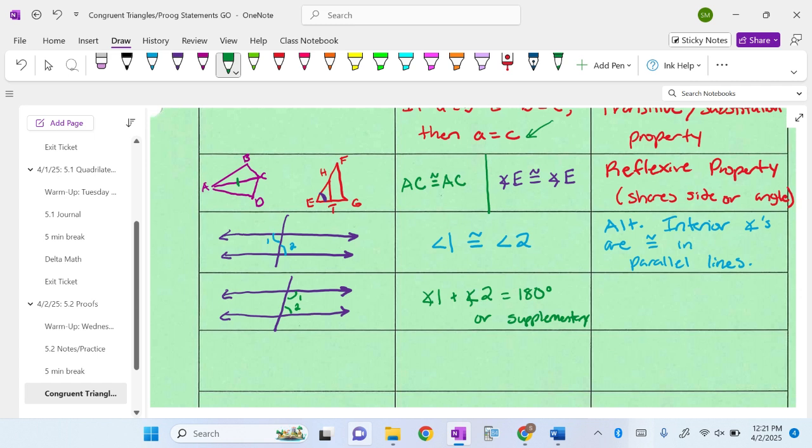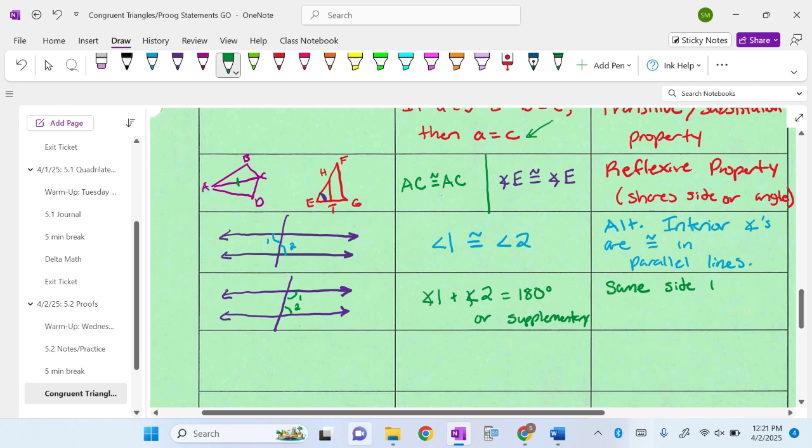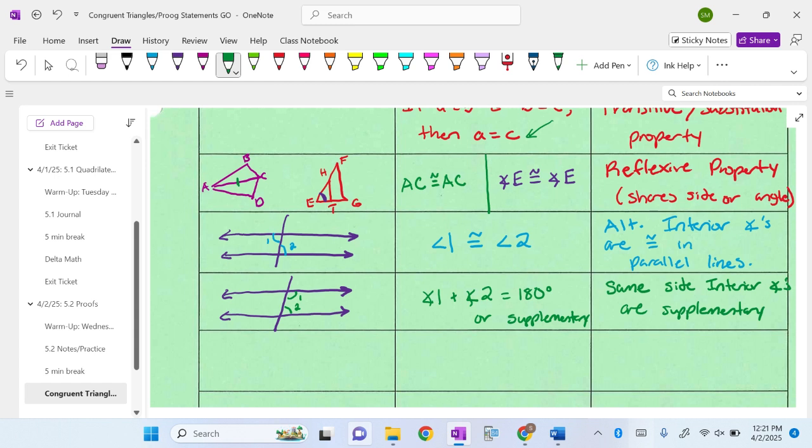Same side interior. They're on the same side of the transversal, and they're both inside the parallel lines. So this is by same side interior angles are supplementary. That's the reason that you would state. So guys, all these reasons, the way I'm writing them, is exactly how you would state them in parallel lines.